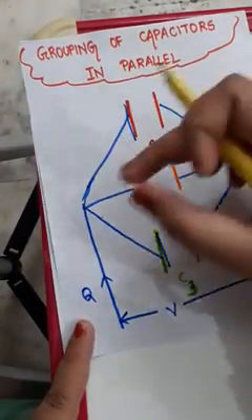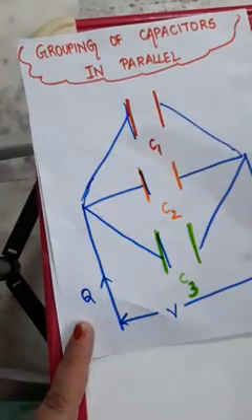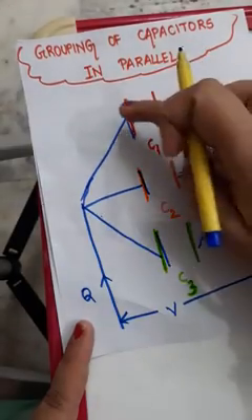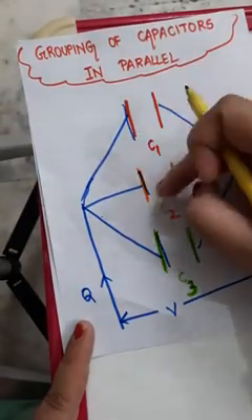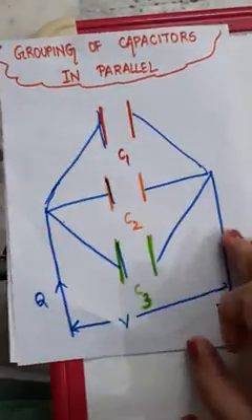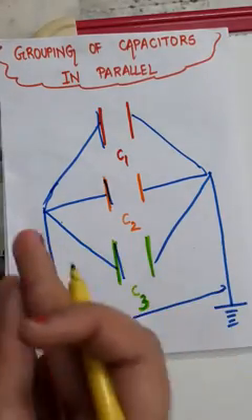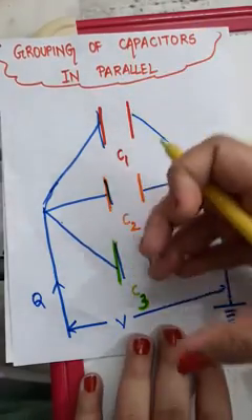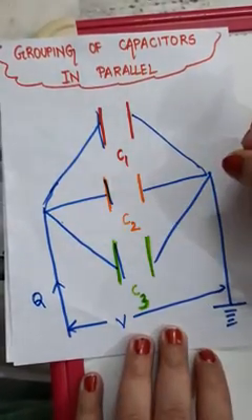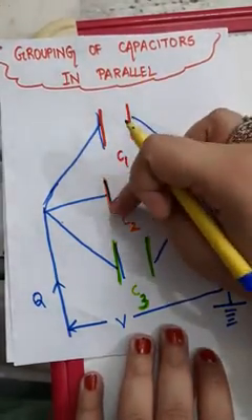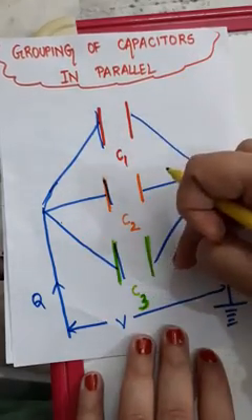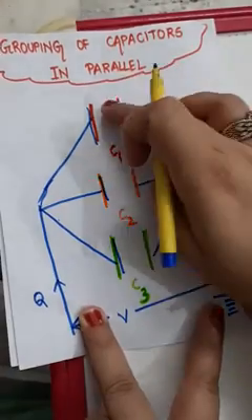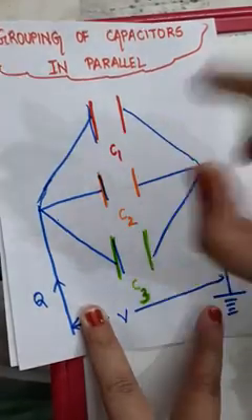Their left hand side is connected to the same wire and their right hand sides are connected together. So the left hand plates of these three capacitors are at a particular potential, and the right plates of all these three capacitors are at a particular potential. The potential of all of these is the same. So the potential difference is V between all the left plates and right plates.